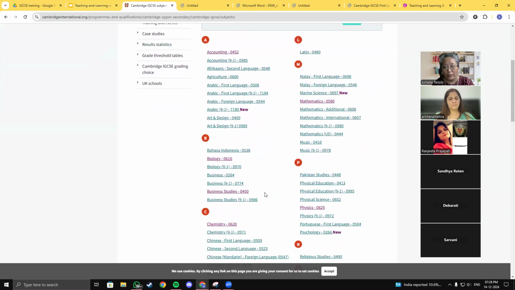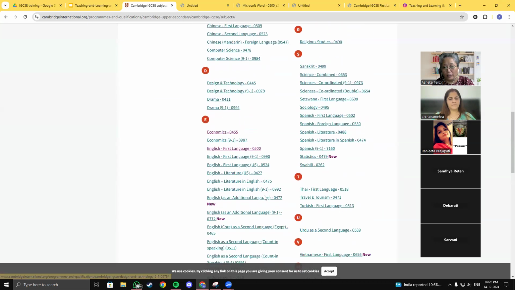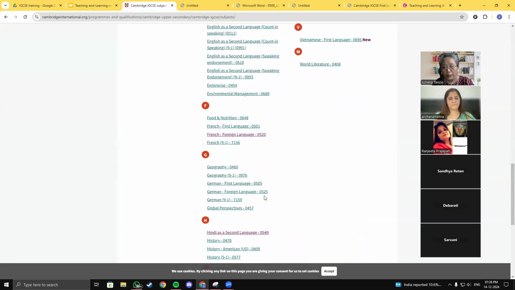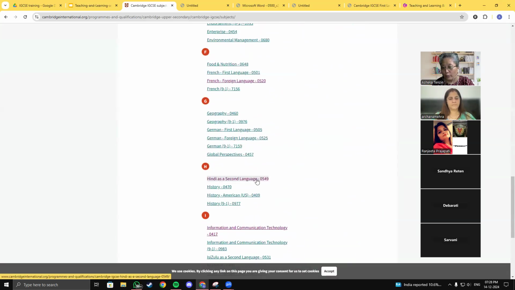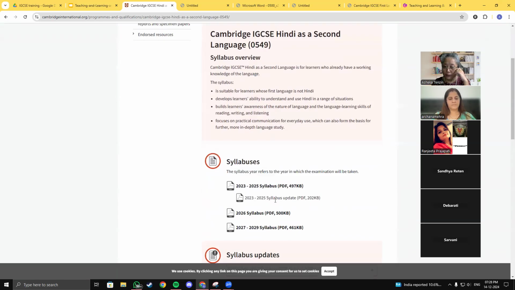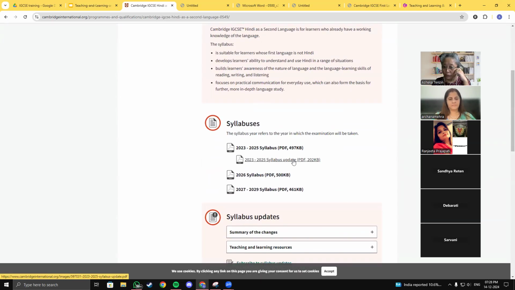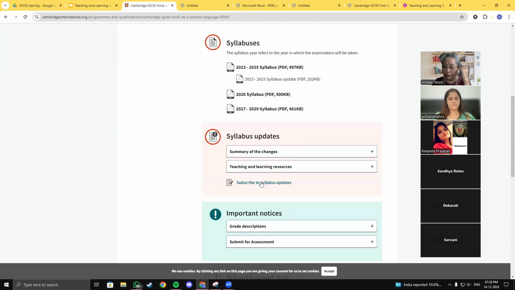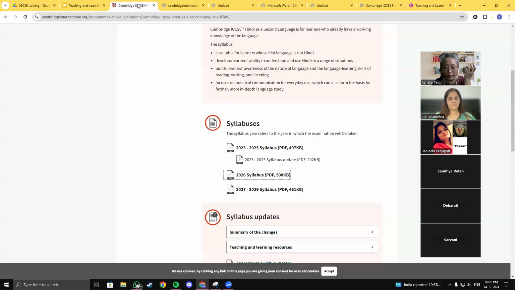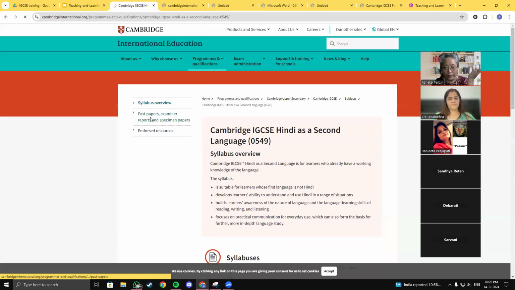So next is Hindi. Hindi is 0549. When you click here, you will get the Hindi page. This is the Hindi syllabus. When you click on it, you will be able to see the syllabuses for 2026. And then same thing, on the left hand side, you can see past papers.